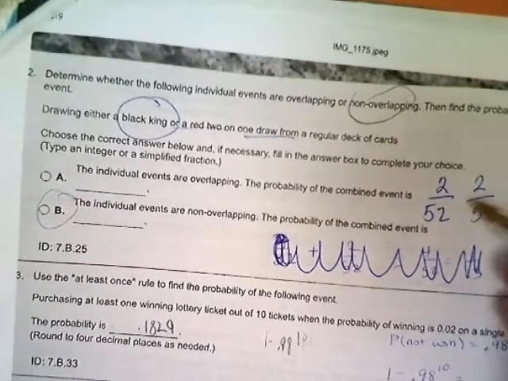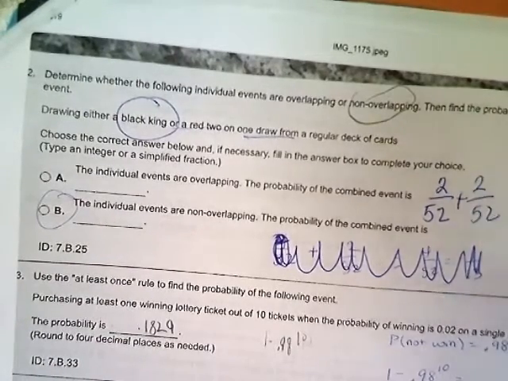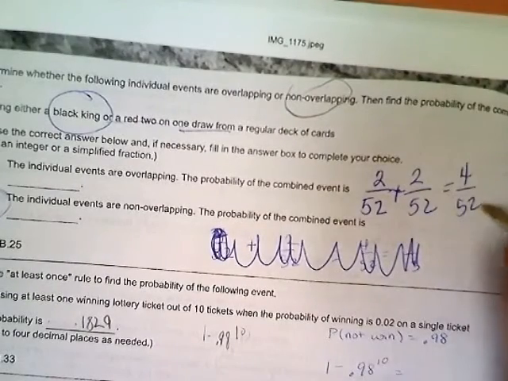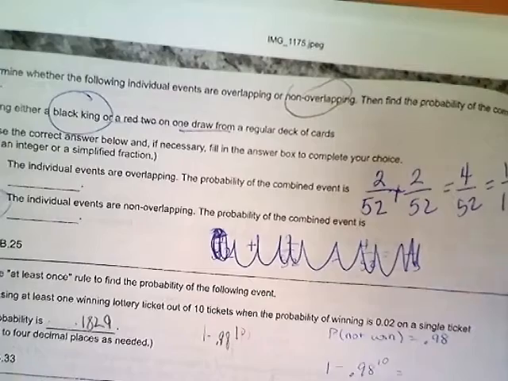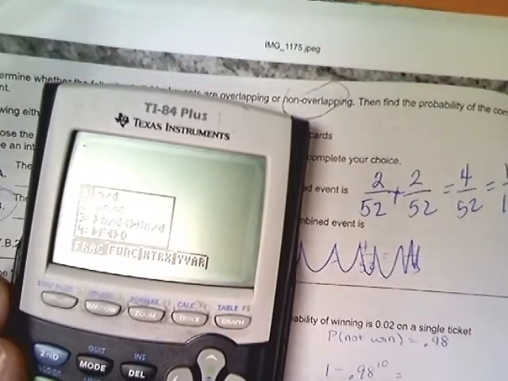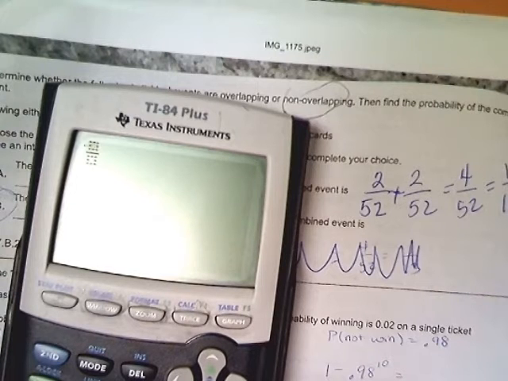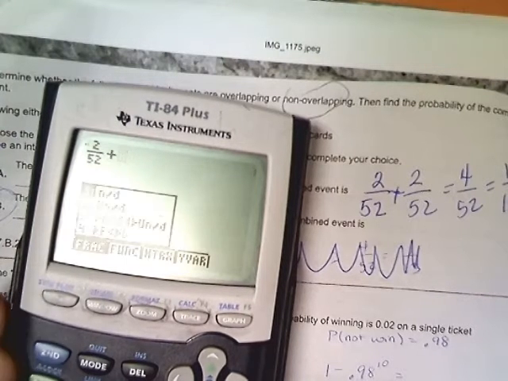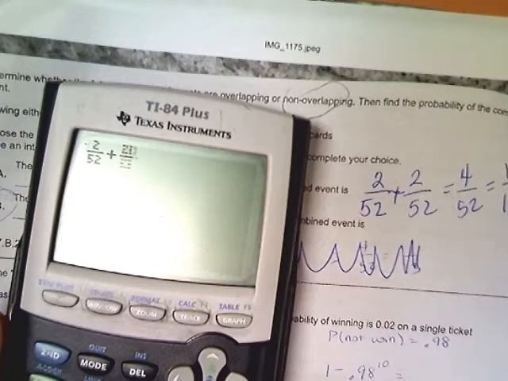And you can do one or the other. They're not asking you to do both. So you add that together and you get 4 out of 52, which is 1/13. And you can put that right in your calculator. Alpha, y equals, and you can do 2 out of 52 plus 2 out of 52, and it's 1/13.